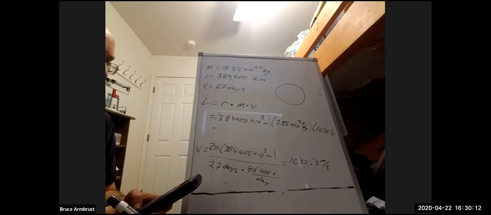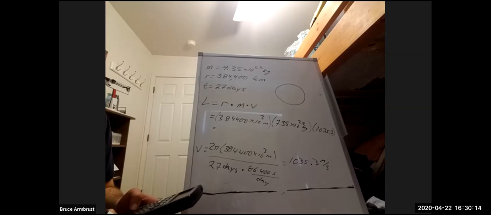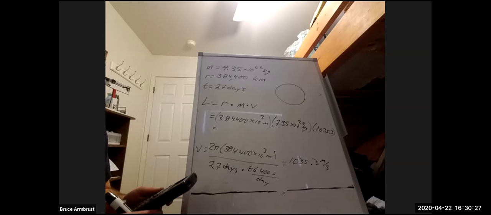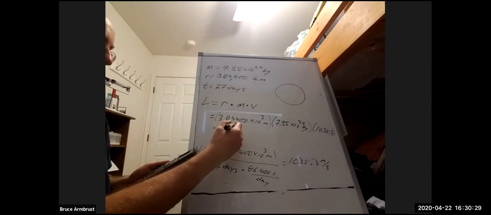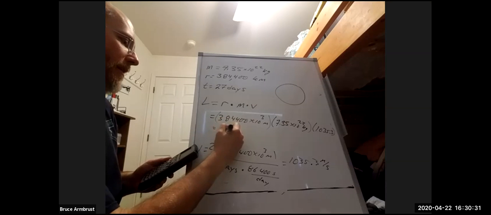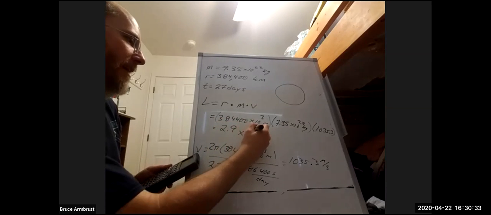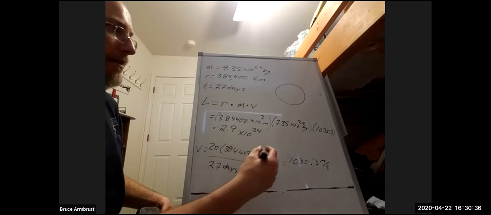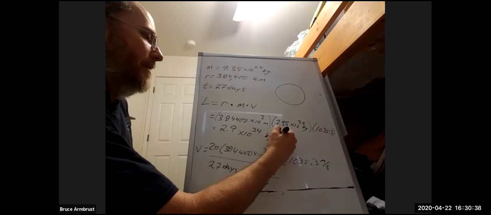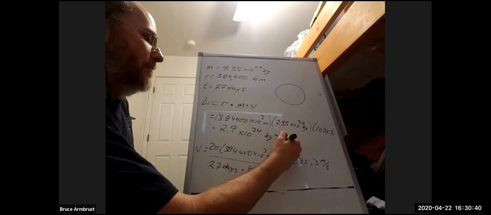So the angular momentum then for the moon as it's going around the Earth is an incredibly large number. 2.9 times 10 to the 34. And again, this is kilogram meter squared per second.